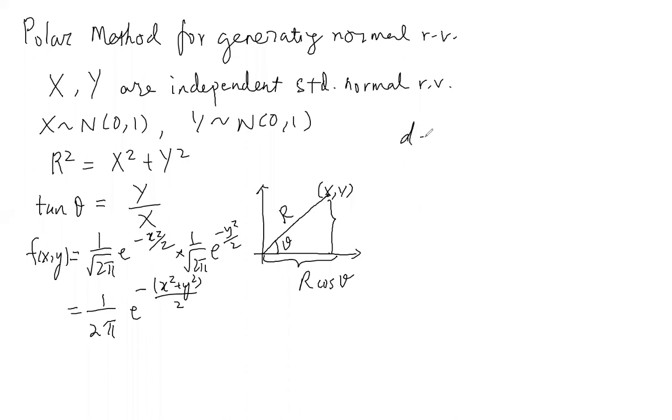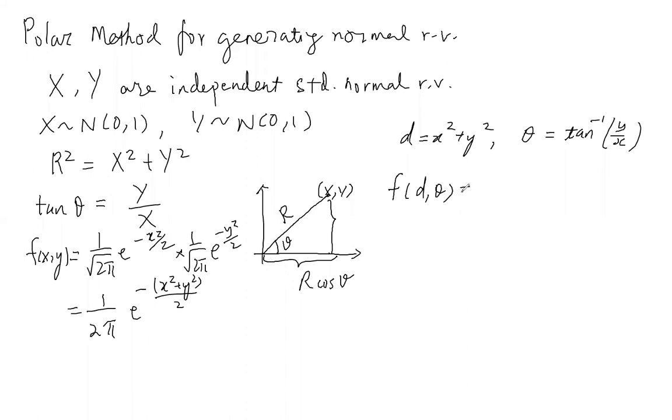Okay, D equals x squared plus y squared, and theta equals arctangent of y over x, okay? So we want to find the density of (D, theta), okay?